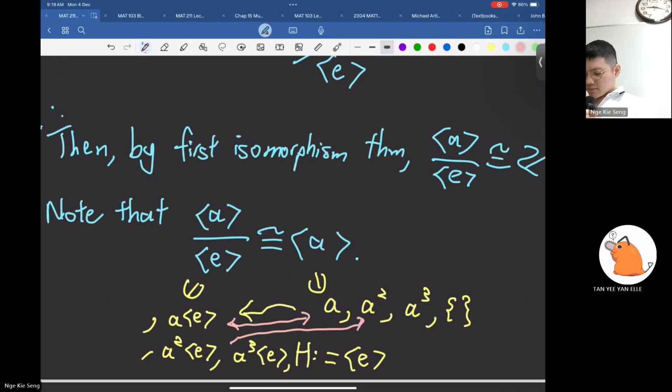A squared times the trivial subgroup corresponds to the A squared element on the other side, and then A cubed H corresponds to A cubed, and H corresponds to the empty word. Okay or not? Please understand these examples. It's very important for you to read the proposition. Okay? Make sense?